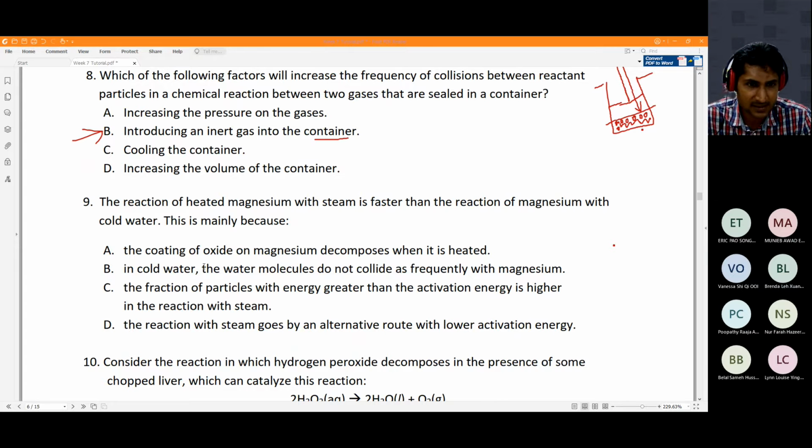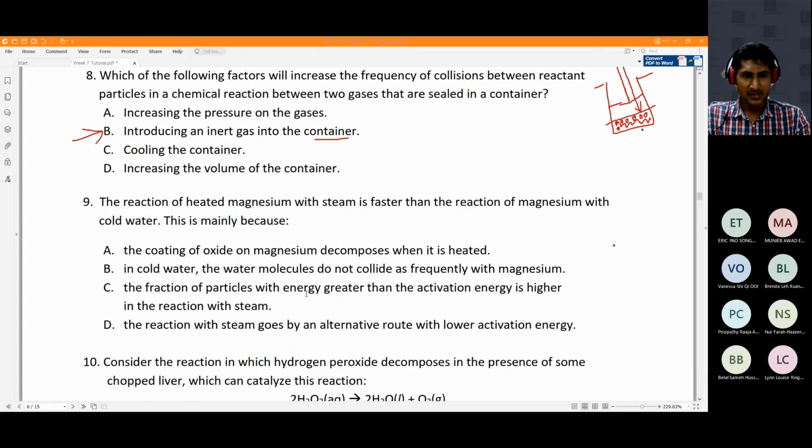But the best answer is option C, that the fraction of particles with energy greater than the activation energy is higher in the reaction with steam. So it's all about the activation energy. Steam is hot water, so it already has the heat in it to overcome the energy barrier.